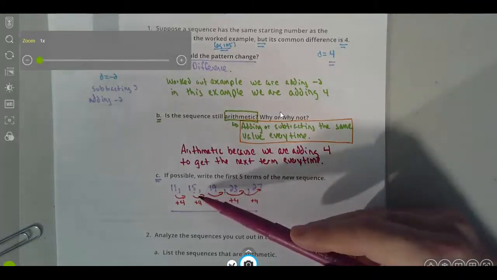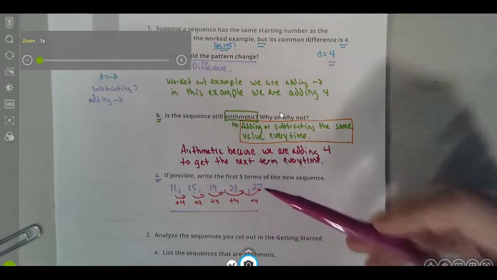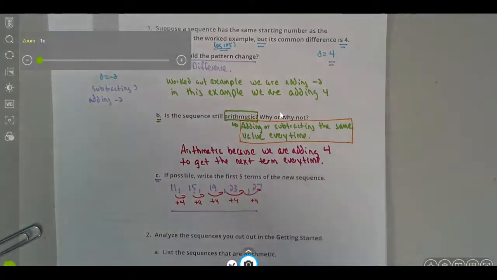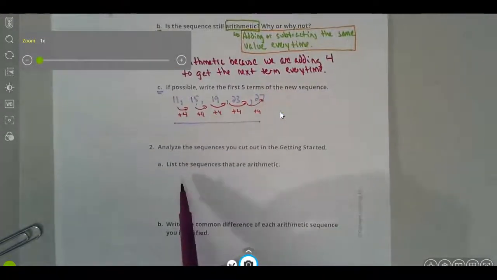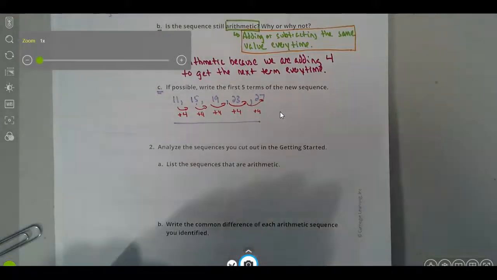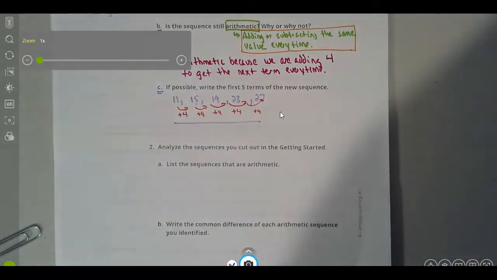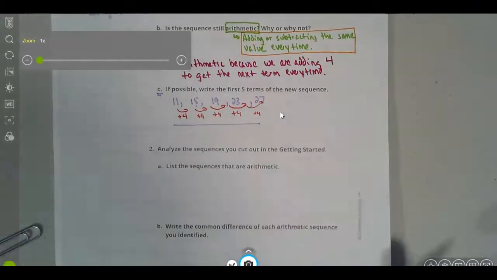And we were able to come up with, on page 106, 11, 15, 19, 23, and 27 to be the sequence. After that, guys, you then taped the sequences that were arithmetic on pages 121 to 125 in your book.